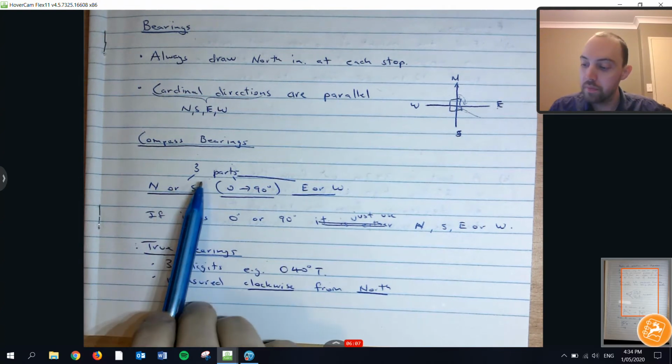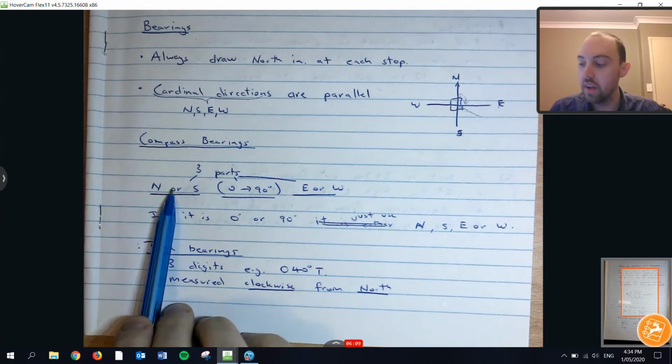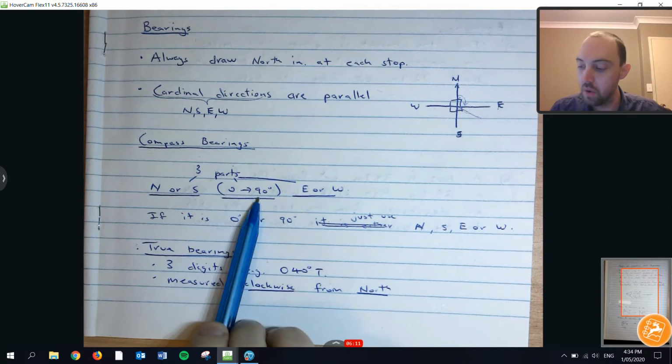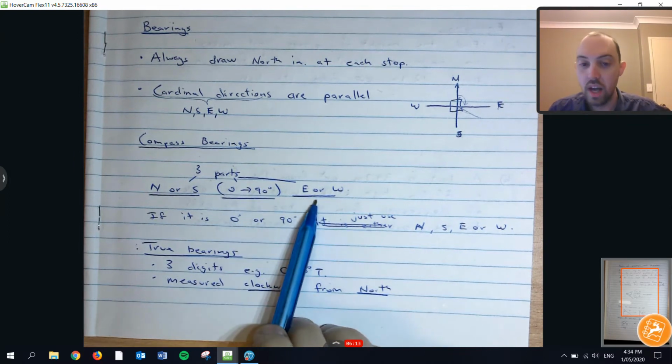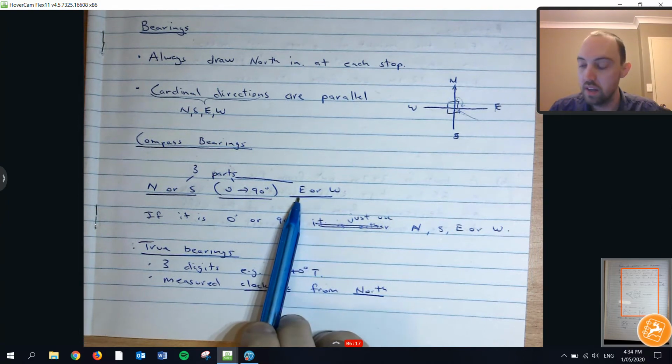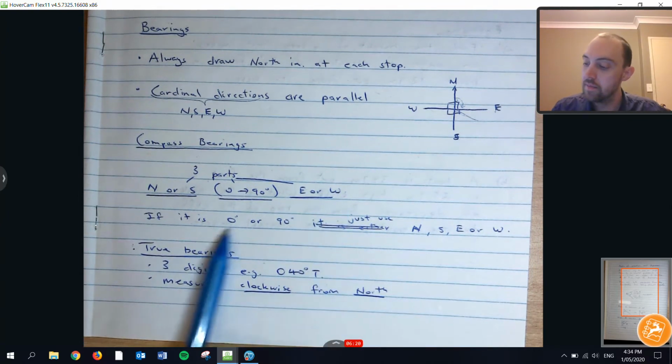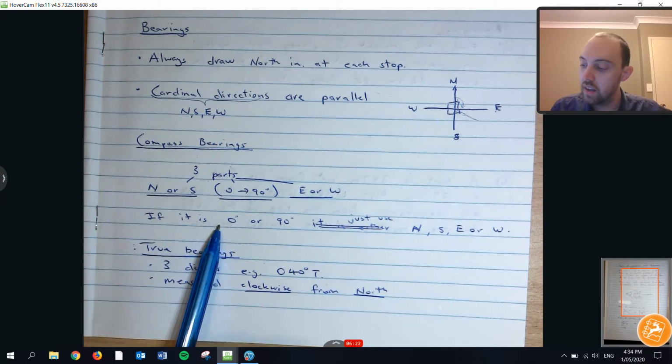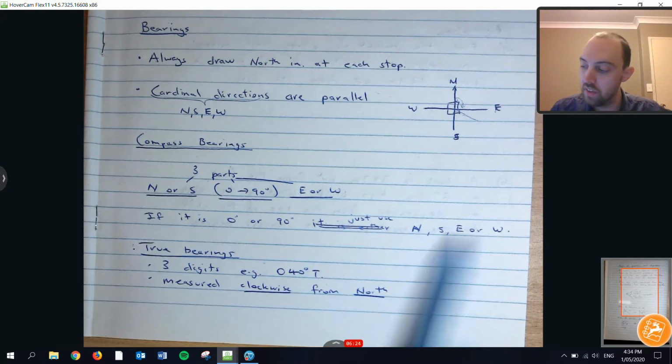So back to the three parts: north or south, the angle that is between 0 and 90, and then which direction you're turning in. Is it towards the east or is it towards the west? And then if it's just pointing towards north, south, east, or west, you don't need to say north 0 degrees east or west, you just say north.